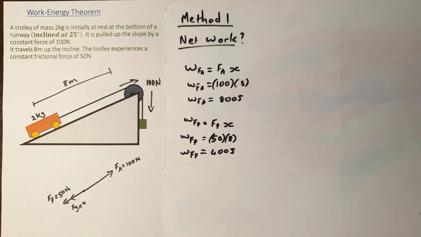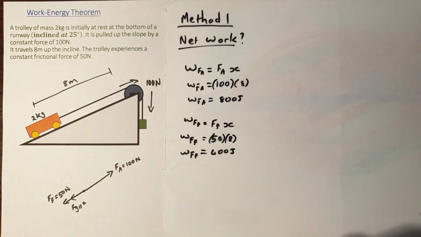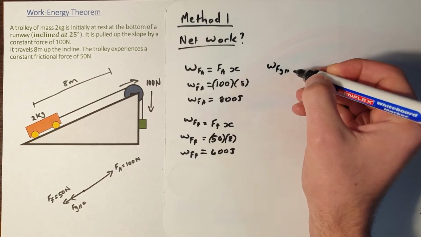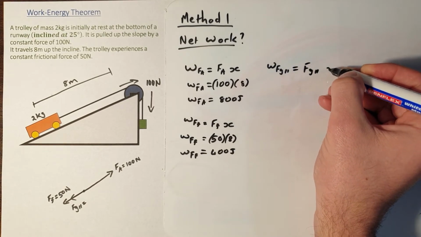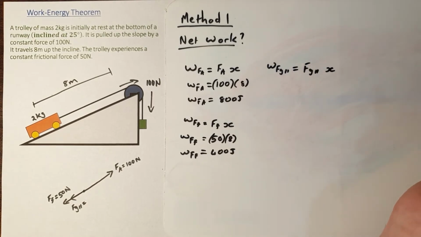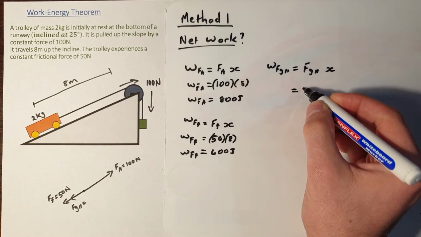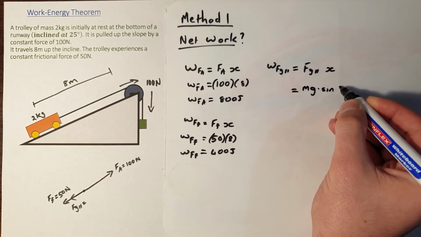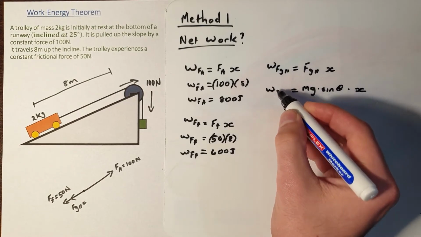The next thing we need to work out is the work due to FG parallel. So work due to FG parallel is going to be equal to FG parallel times the displacement that that force was applied for. So FG parallel is going to be mass times gravity times sine theta, times the displacement.